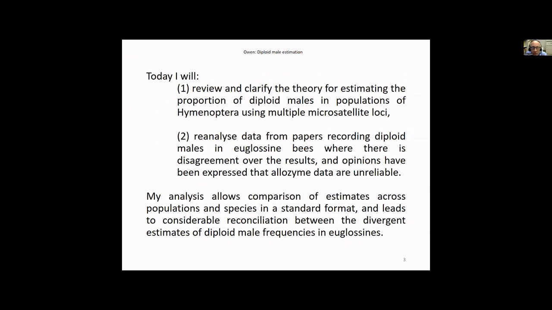So in this talk today, I will review and clarify the theory for estimating the proportion of diploid males in populations of Hymenoptera using multiple microsatellite loci.